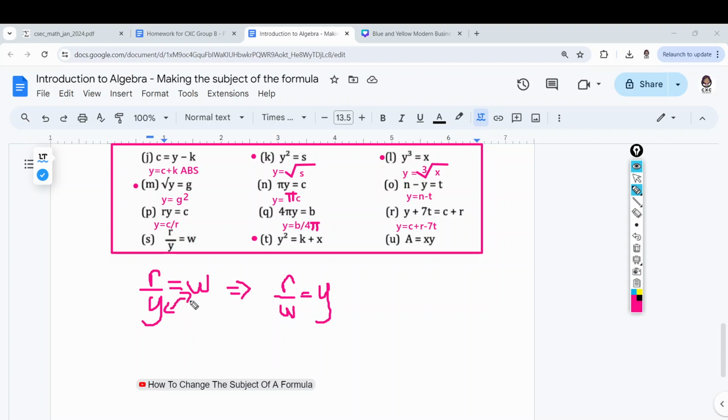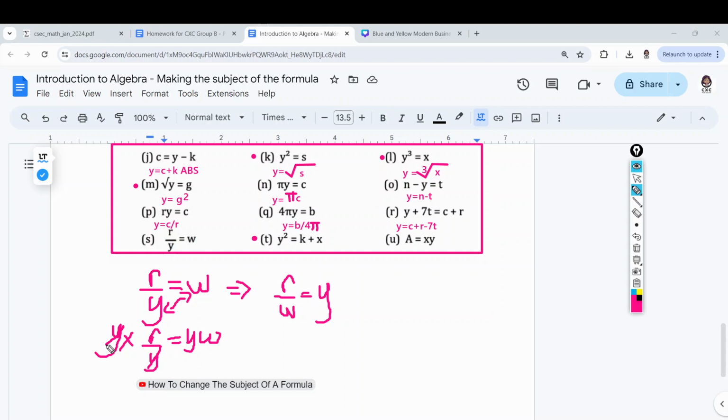And let me show you how we do that, guys. I could show you the long way, so let me show you the long way. If you multiply both sides by y, you're going to end up with r over y times y is equal to yw.